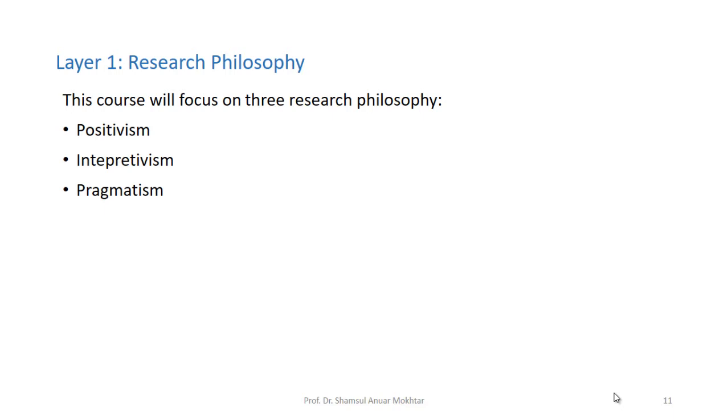This is how we can differentiate between any of the research philosophies that we are discussing. For the context of this particular lesson, I'm going to focus on three major research philosophies, which are positivism, interpretivism, and pragmatism. I believe that for most people, any research will embrace one of these.